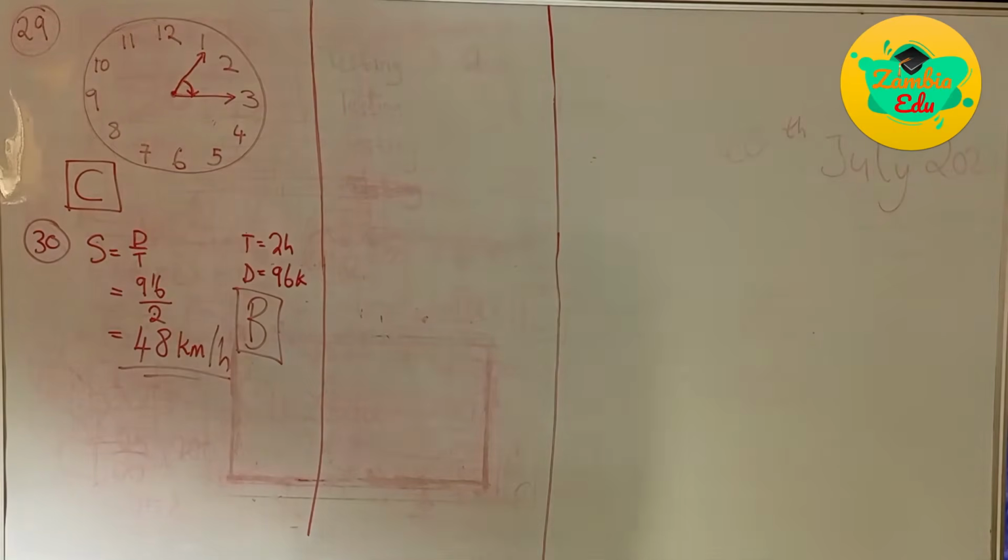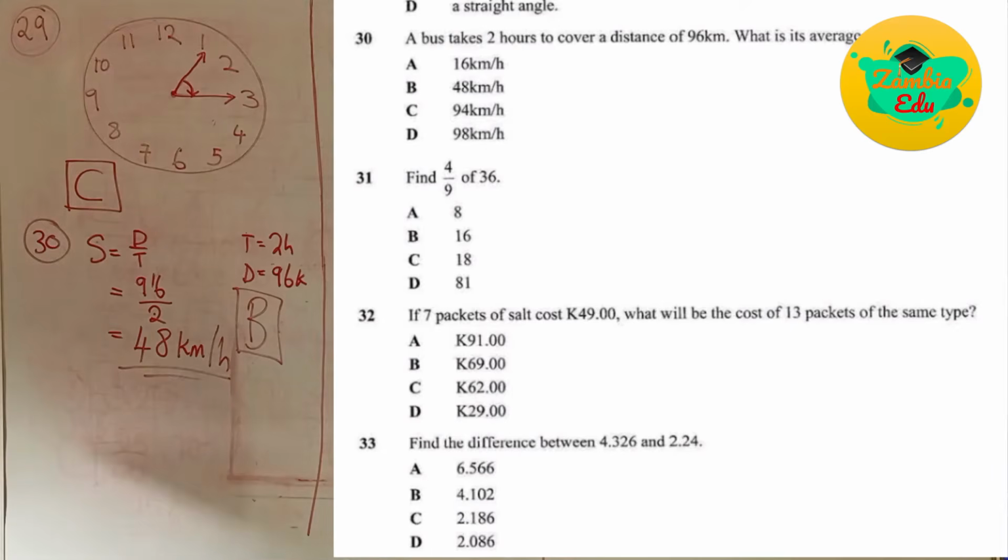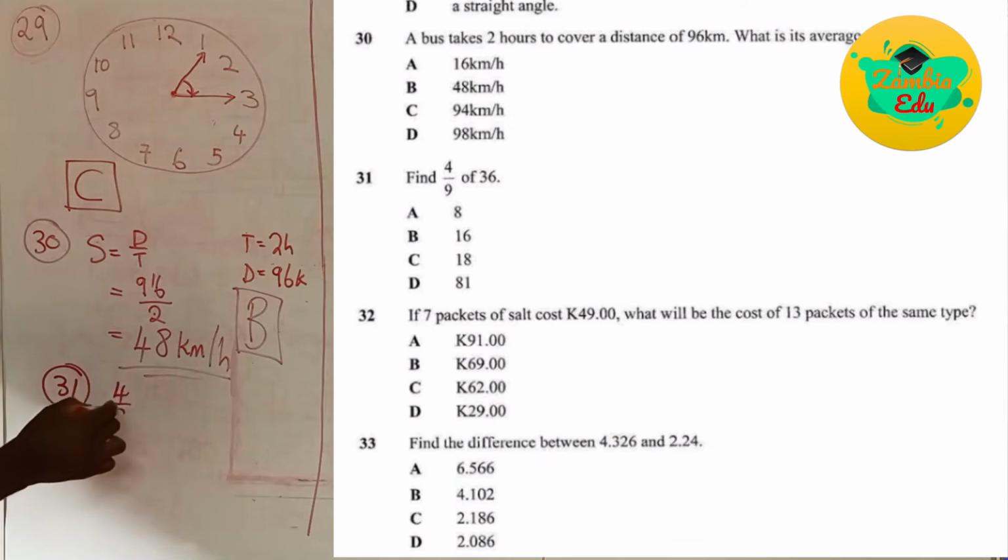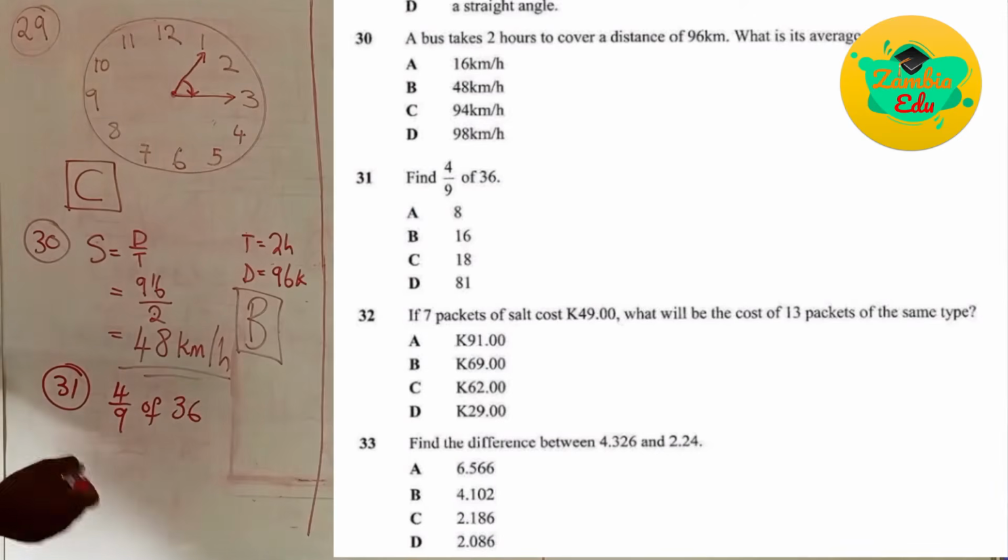Question 31 says, find 4 over 9 of 36. That is the same as 4 over 9 times 36 over 1.